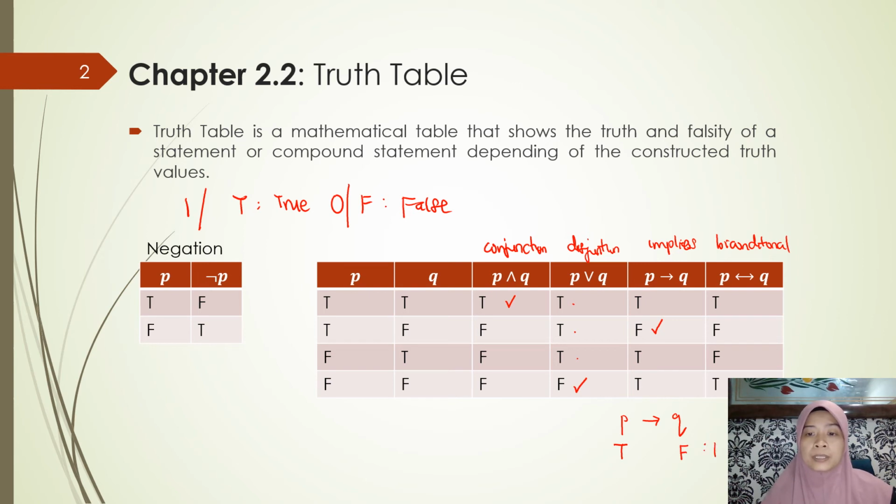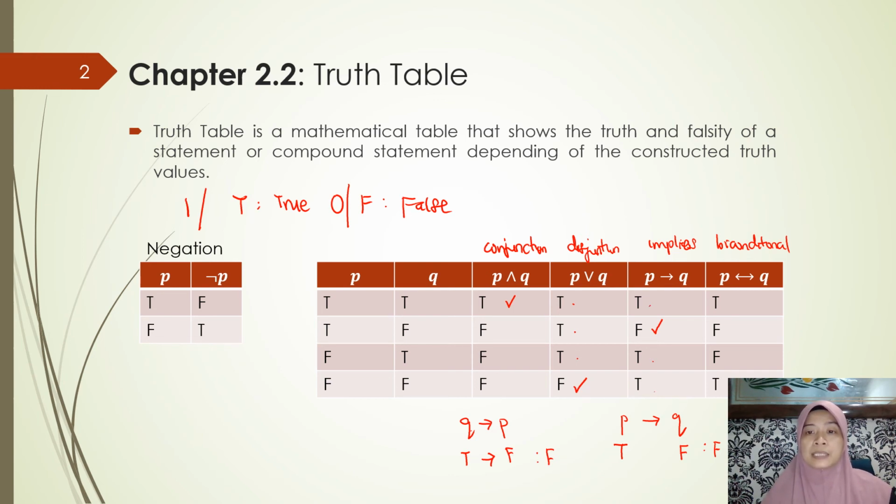So let's say we have Q implies P. Now Q will be the first statement, so it will be only false when the first statement Q is true and the second statement, P, is false. The rest will be true.